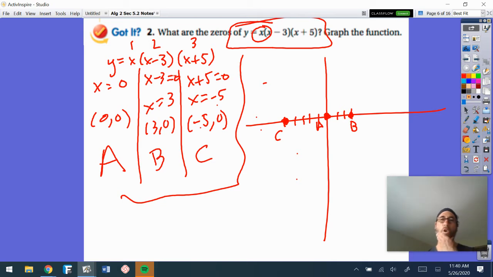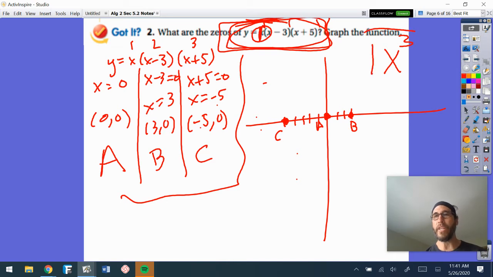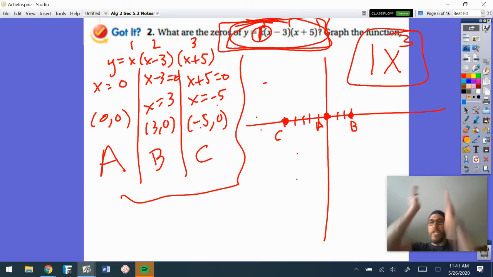All right, now let's look at this. We need to know the leading term. You can multiply all this out or take my shortcut. How many x's do we have? X to the first, x to the first, x to the first. So there are 3 x's, and we got x to the third as my leading term. If I multiplied them all, there'd be a 1 out front. So once again, it's odd, and odd means the ends go in different directions.